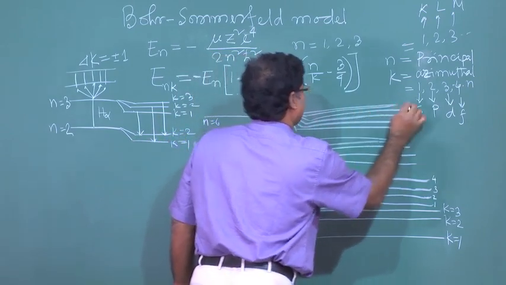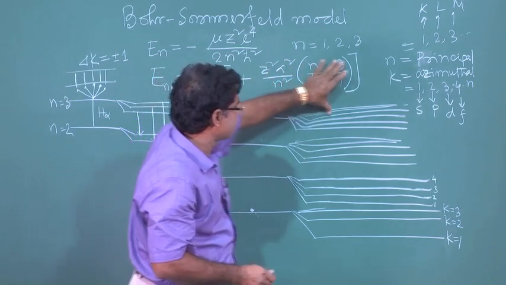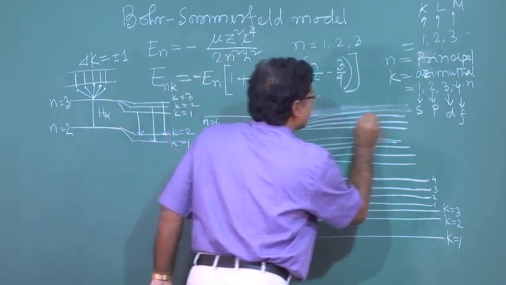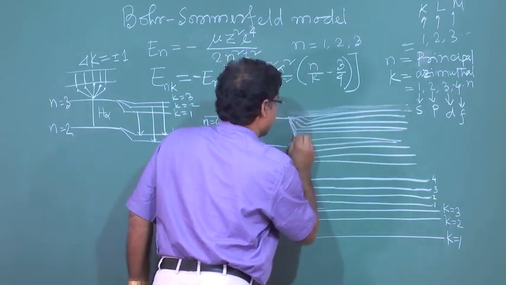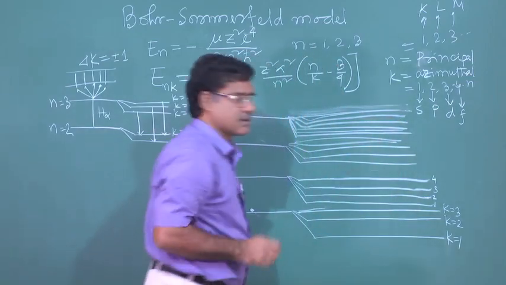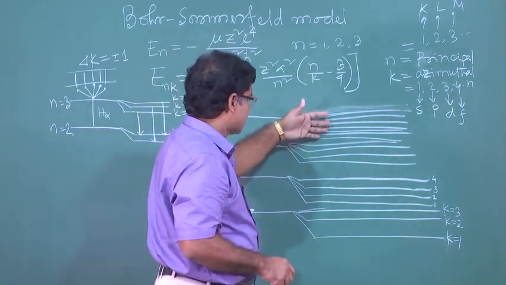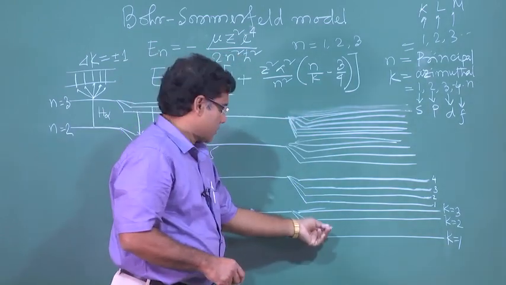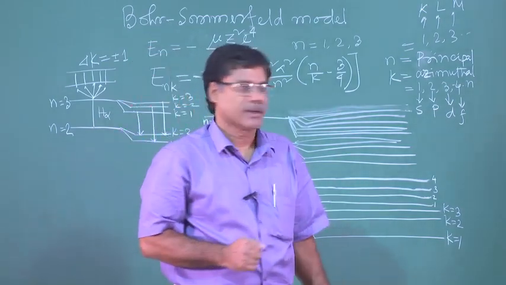It cannot be higher than this, so it can be equal, and in between it should accommodate 6 energy levels. That way it will split. Each one will be split into orbitals S, P, D, F, G, H.